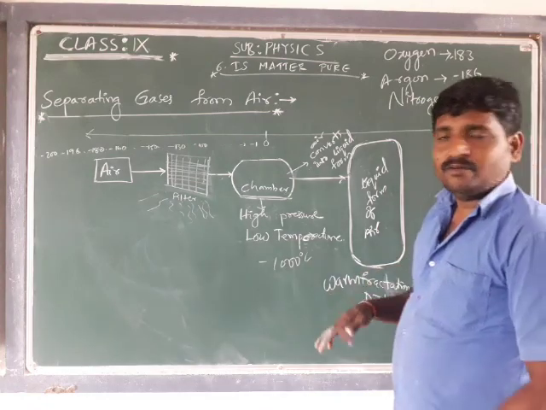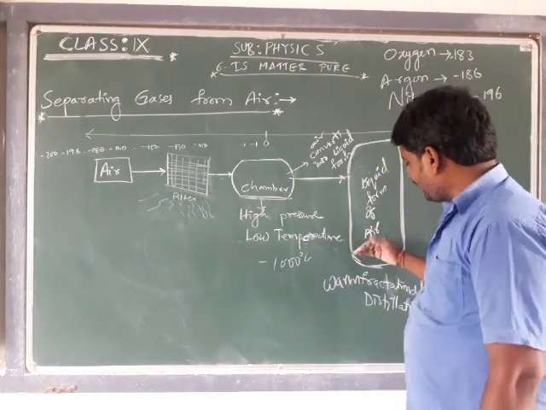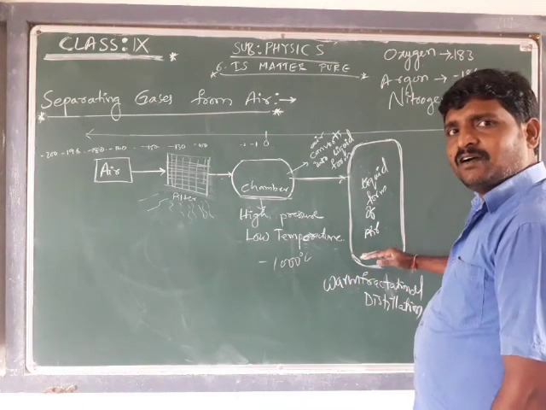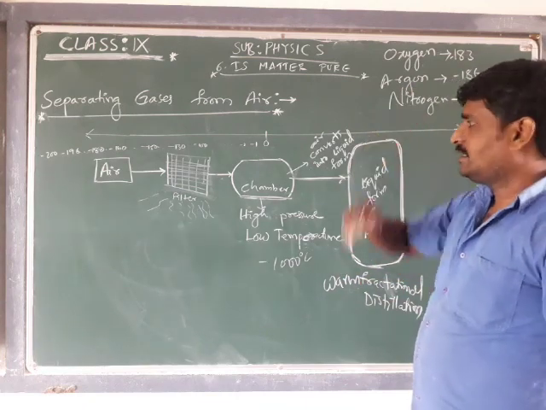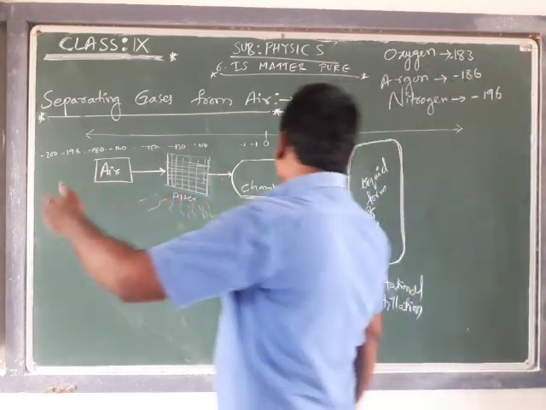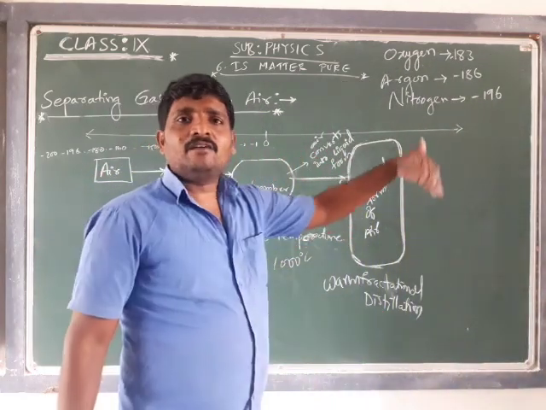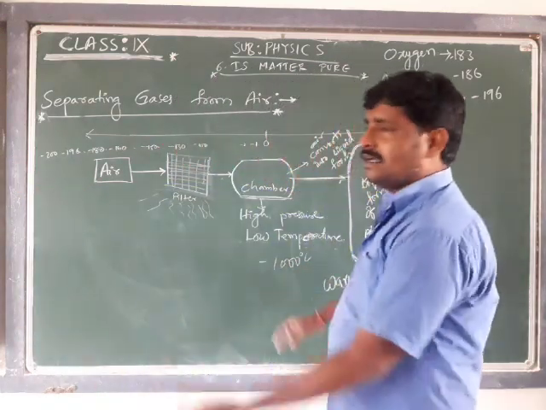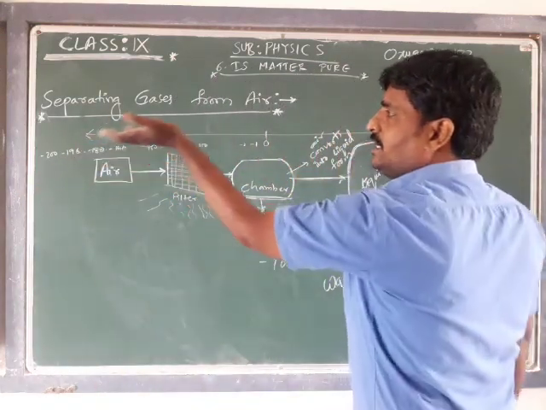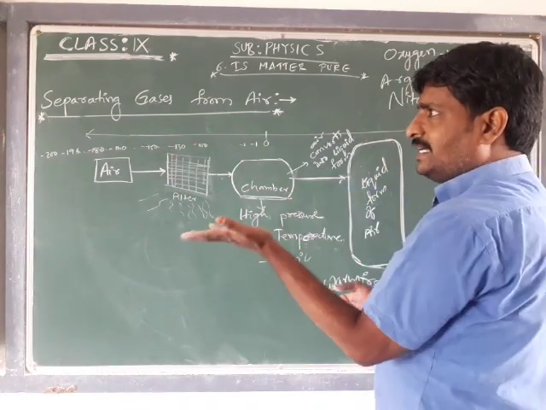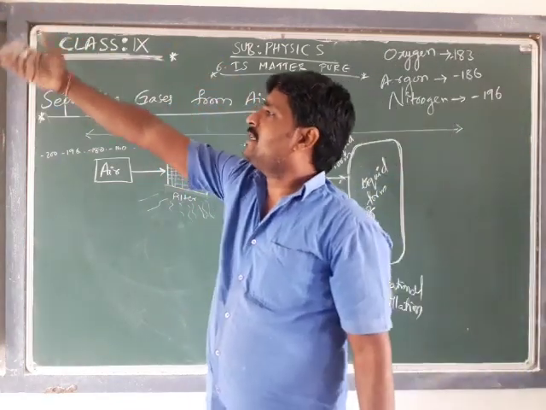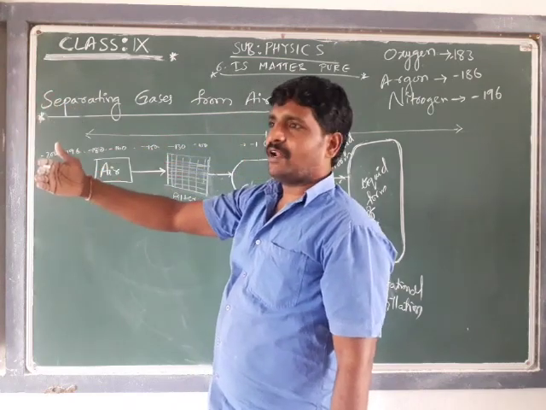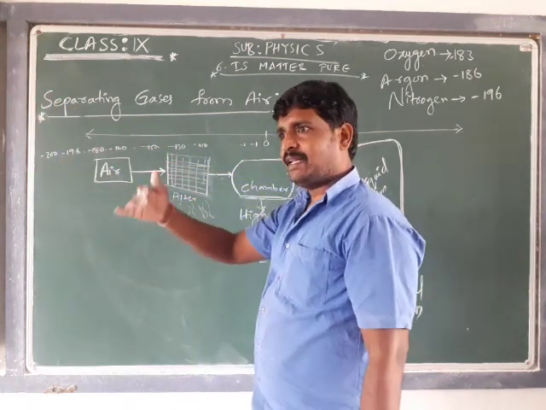Now the temperature in this warm fractionating column will be slowly increased. Don't think it will be 1100, 1200, like that. As it increases from minus 1000, it will reach minus 900, minus 800, minus 700, minus 600, minus 500, minus 400, minus 300.